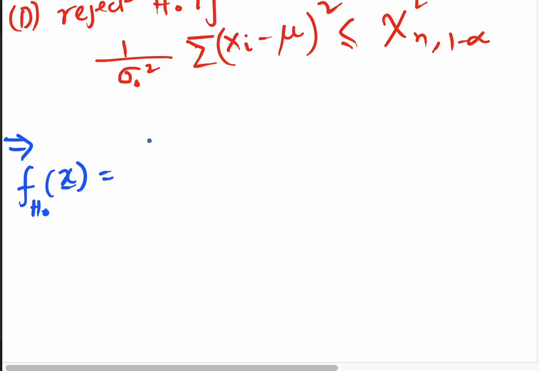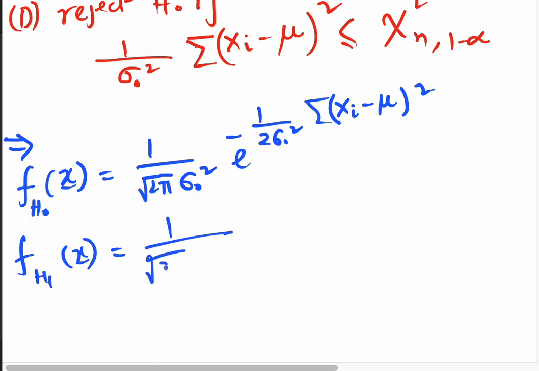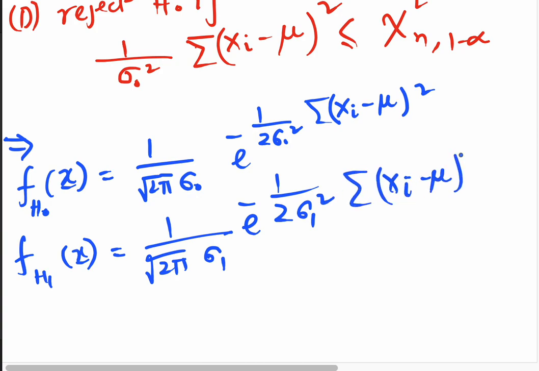That will be 1 by root 2 pi sigma 0 square e to the power minus 1 by 2 sigma 0 square summation of xi minus mu square, and under H1 this is 1 by root 2 pi sigma 1 to the power minus 1 by 2 sigma 1 square sum over xi minus mu square.